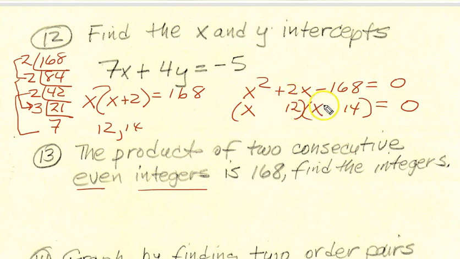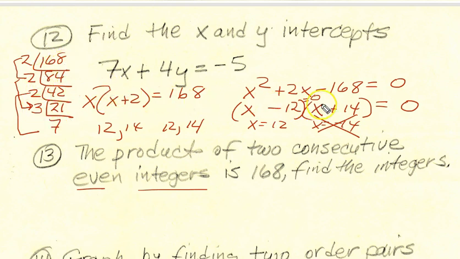So this will be a plus for the 14, a minus for the 12, equal each of these parts to 0. This is x equals 12. Here x equals a negative 14. We want positive integers, so we reject that one. So our x would be a 12, and x plus 2 is 14, and 12 times 14 is 168.